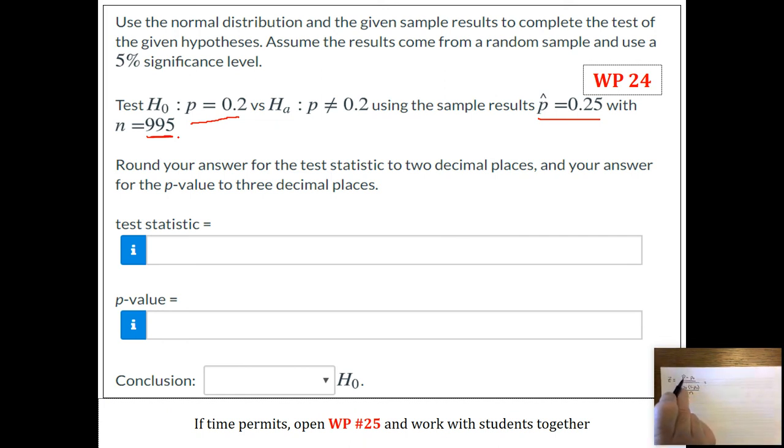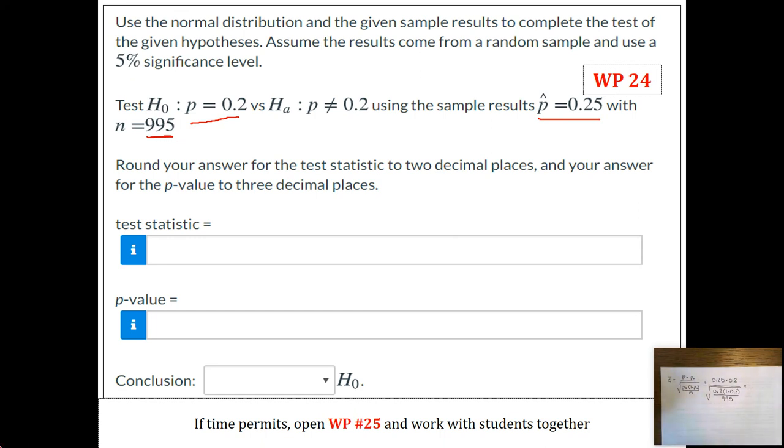We have a p hat number. We have a 0.25, comes from the problem, minus the null hypothesis, 0.2, divided by the root of, again, the null hypothesis, 0.2, multiplied by 1 minus 0.2, divided by n, and in our problem, n was 995.